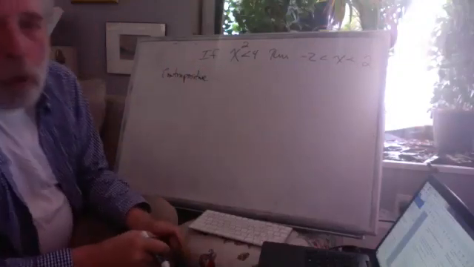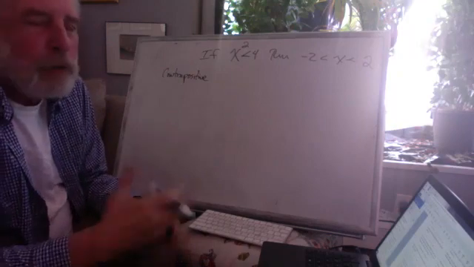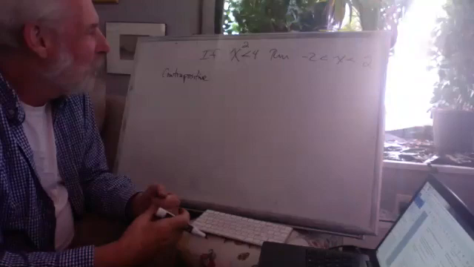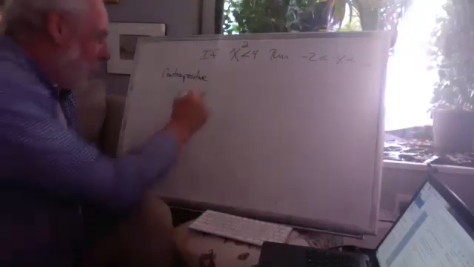Okay. What's the contrapositive of that? You can just say it in words. What's the contrapositive of that? If X is not between -2 and 2, then X squared is not less than 4.